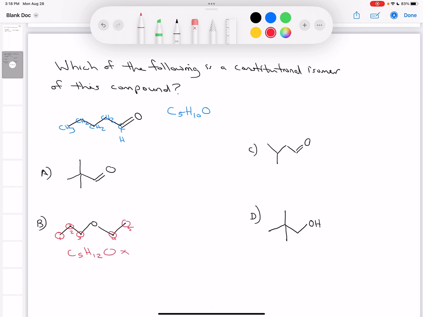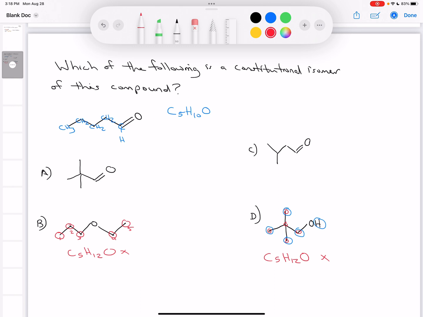So that can't be correct. The same thing is going to apply to D. We have a total of 5 carbons. So this is C5. We have 12 hydrogens. So that's C5H12. And of course, there's 1 oxygen. So this one can't be right either.